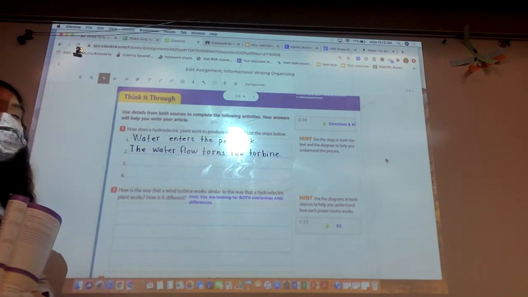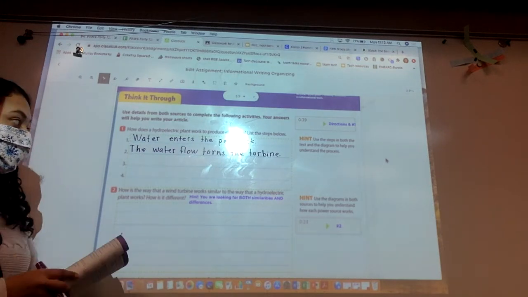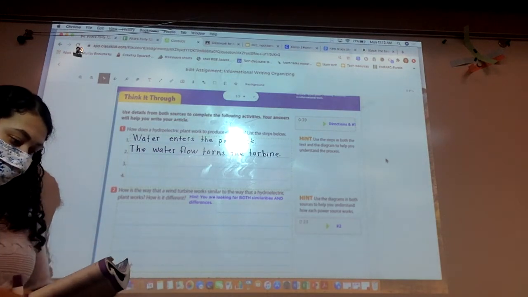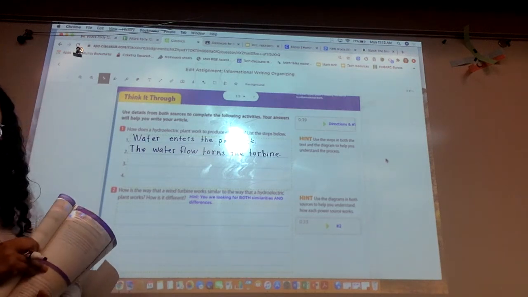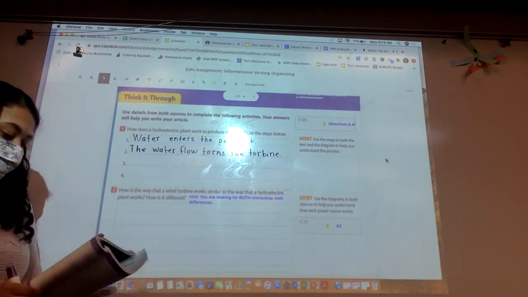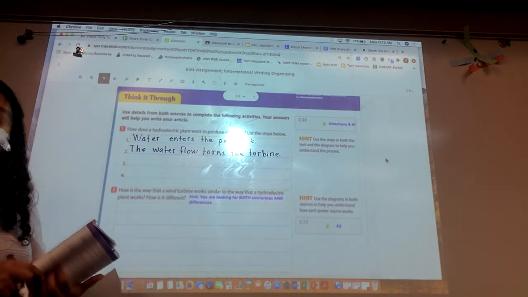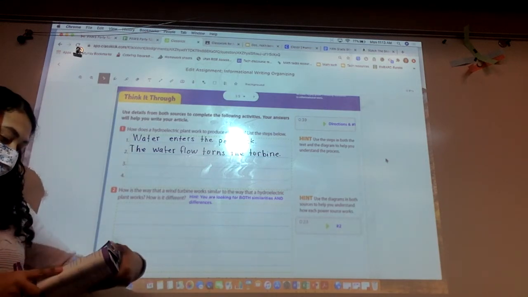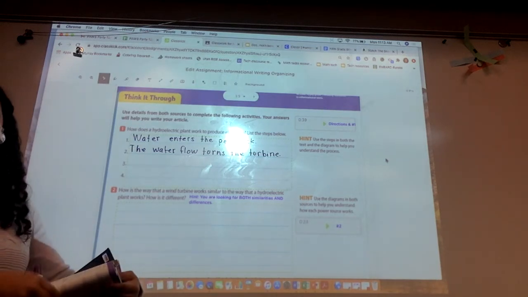Okay. What's the next step after the water flow turns the turbine? What connects to the turbine? The generator. Before the generator. Nope, before the generator.